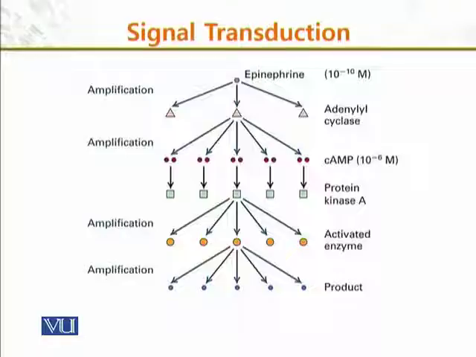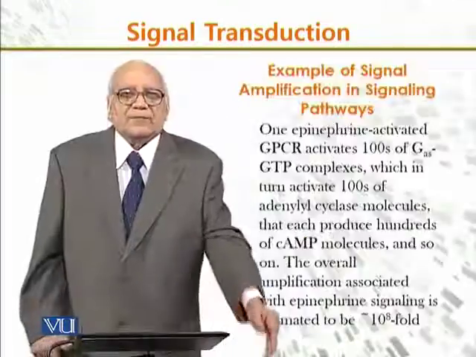You see, after that, the one signal goes to the fourth signal. Then the protein kinases further activate the enzymes with amplification. At the end, there is the product which is needed for that process.